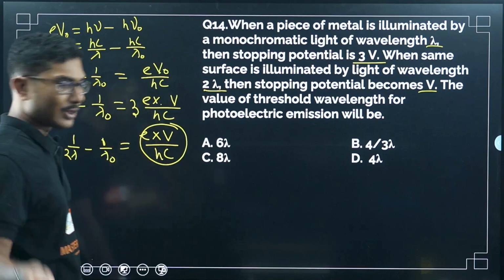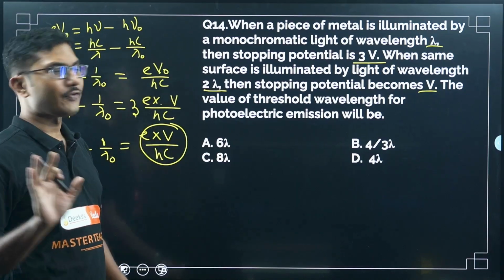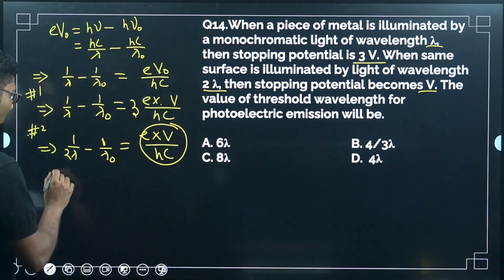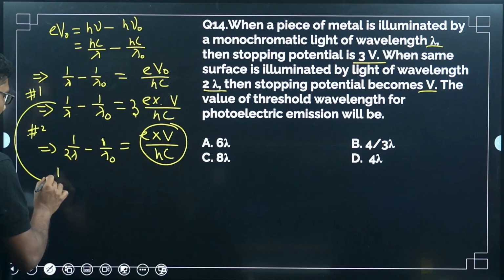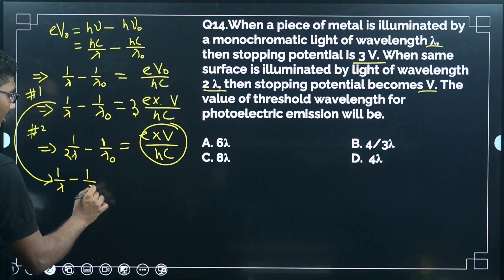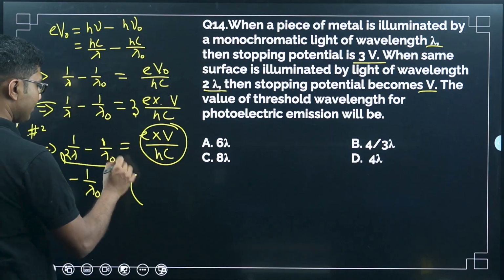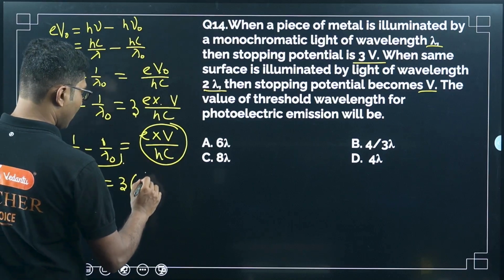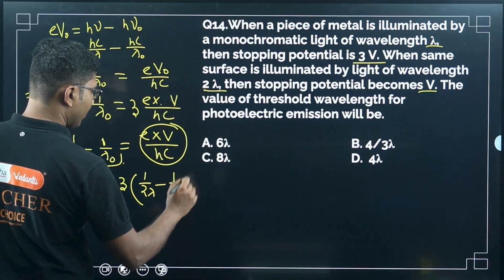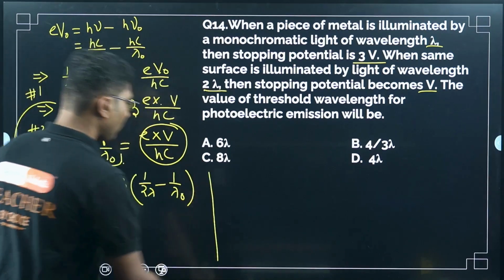Otherwise you can just divide them and find the ratio, that is also fine. But since this is easy, I am doing it this way. So I am using this equation: 1 by lambda minus 1 by lambda naught equals 3 times this value. Now use this value here, 1 by 2 lambda minus 1 by lambda naught. Now let us solve this equation.